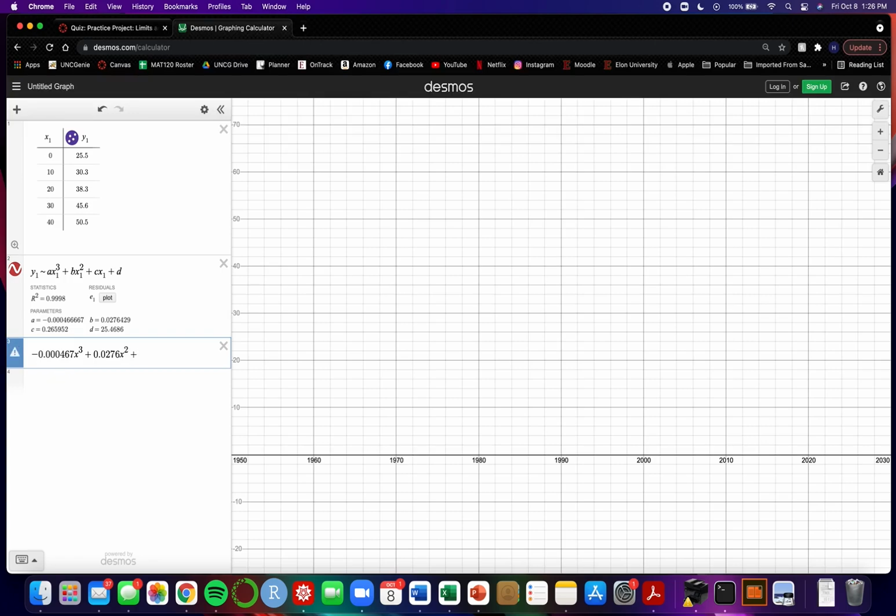So plus 0.266x, and then our last constant D is just to 1 decimal place, so that's the 4. That will get rounded up because of that 6, so 25.5. And this is our regression model for questions 5 and 6.